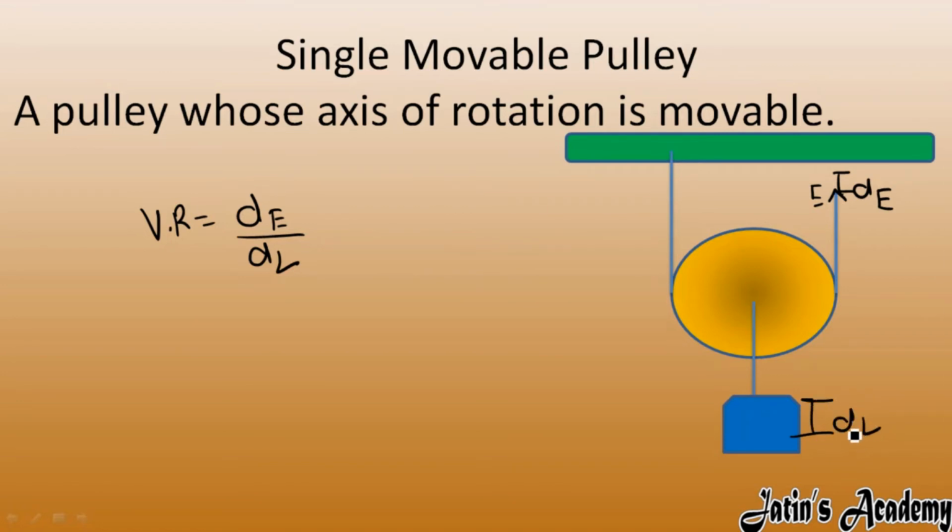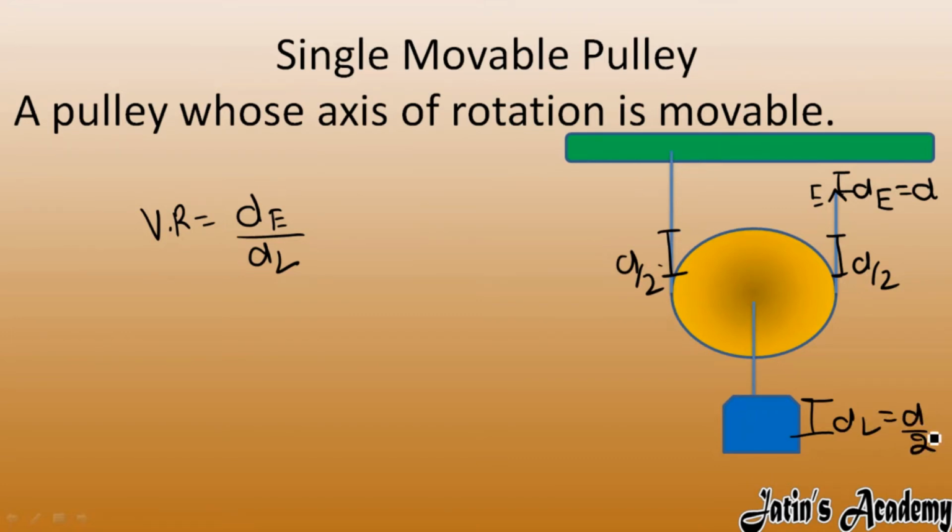Here you have to carefully note one thing: when the effort moves upward by a distance d, this string moves by a distance d by 2 and this string moves a distance d by 2, meaning both distances are half and half. From both sides, half and half of the string is moving, completing the d displacement. It means that when half and half of the string is moving, the load is only moving by d by 2.